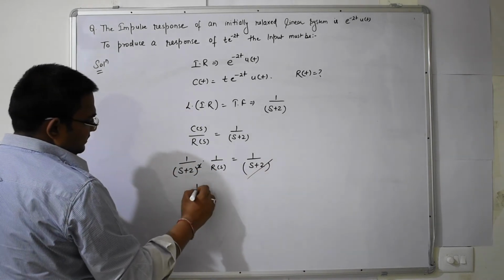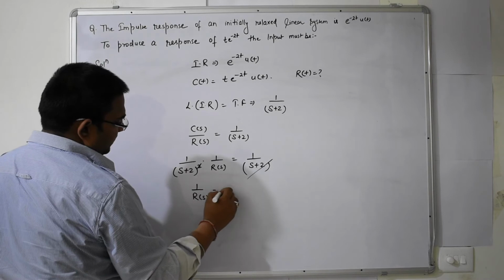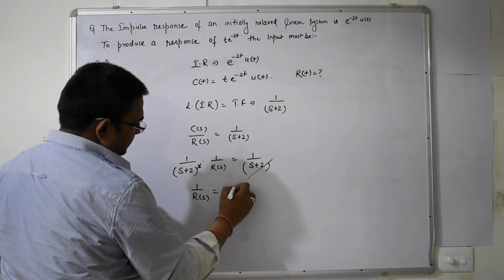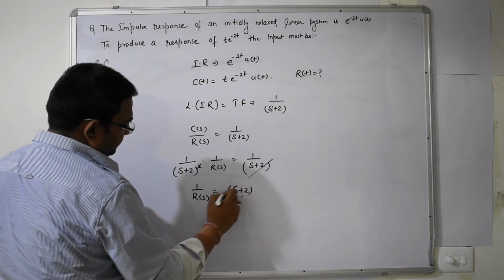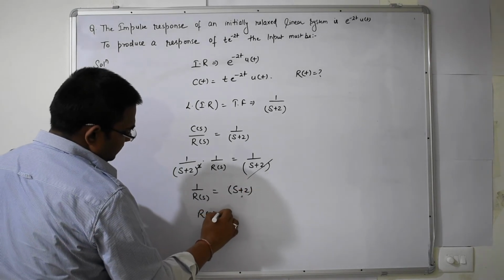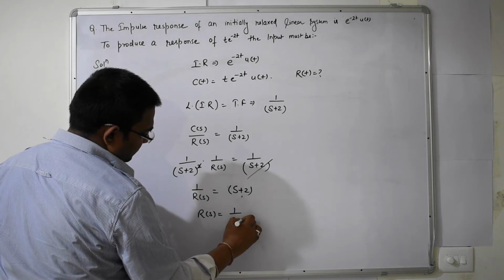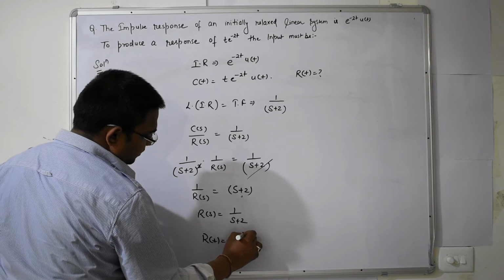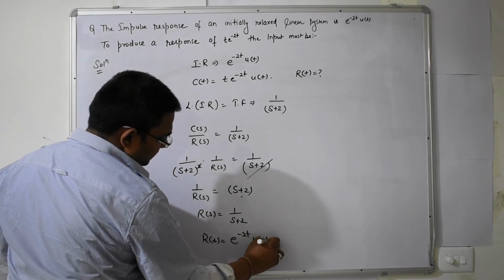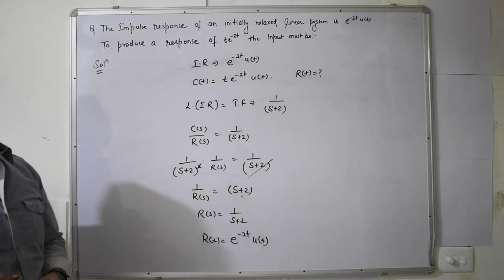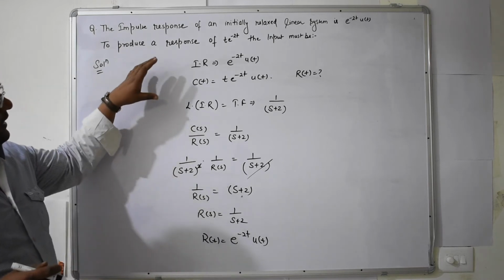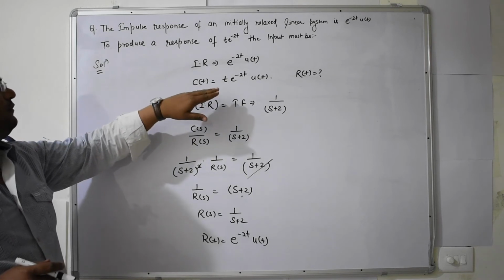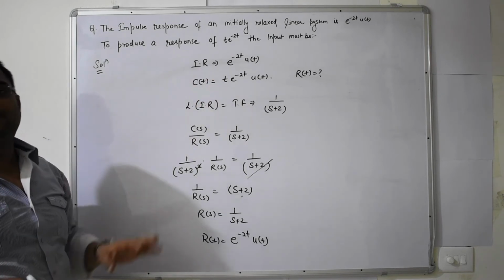So this one cancelled. 1 by R(s) is equal to 1 upon s plus 2. R(s) is 1 by s plus 2 and r(t) is e to the power minus 2t into u(t). Here I am applying only that simple concept that the Laplace transform of our impulse response equals the transfer function.